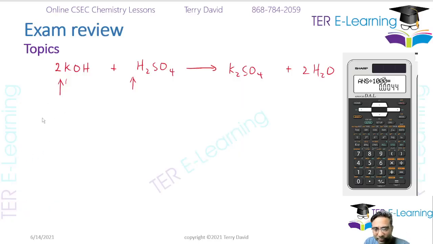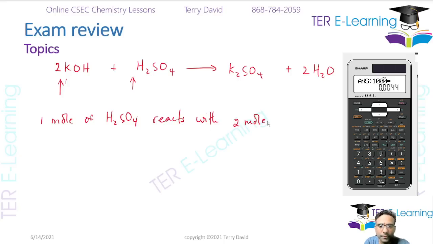It means, according to this equation, 1 mole of sulfuric acid reacts with 2 moles potassium hydroxide. I'm getting that statement straight from the equation, right? According to that equation, 1 mole of sulfuric acid will react with 2 moles of potassium hydroxide.